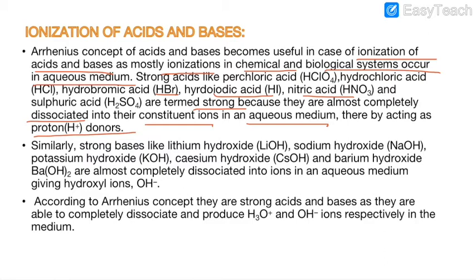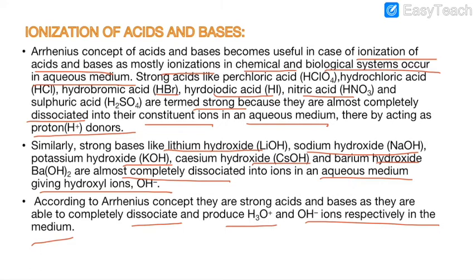Similarly, strong bases like lithium hydroxide, sodium hydroxide, potassium hydroxide, cesium hydroxide, and barium hydroxide are almost completely dissociated into ions in aqueous medium, giving hydroxyl ion. According to the Arrhenius concept, they are strong acids and bases as they are able to completely dissociate and produce H3O plus and OH minus ions respectively in the medium.